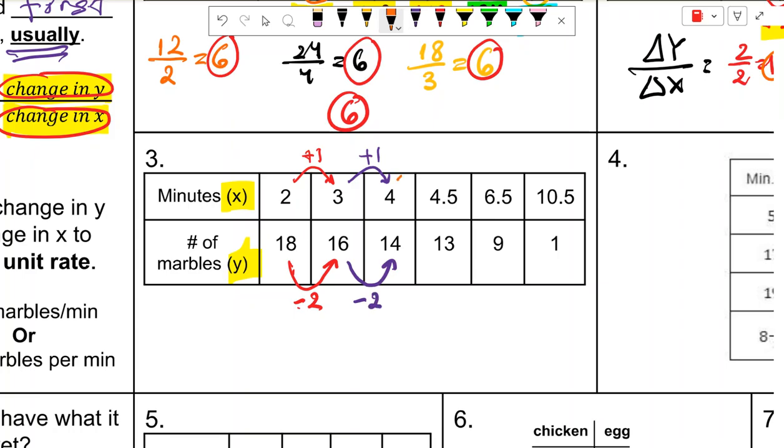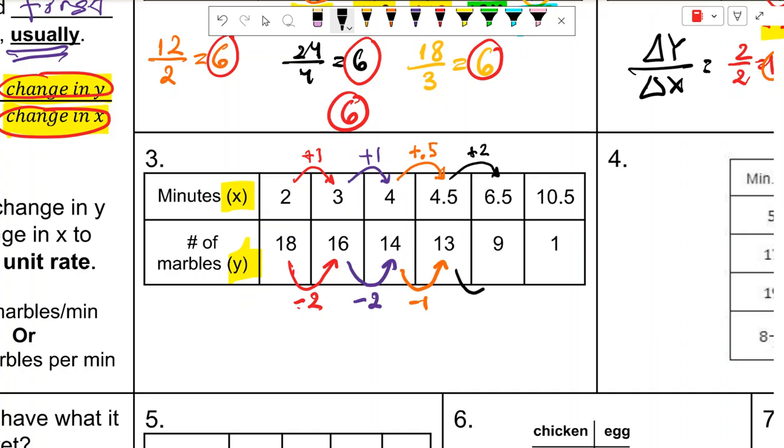The difference between 4 and 5/10 is positive 5/10, and the difference between 14 and 13 is negative 1. And then the difference between 4 and 5/10 to 6 and 5/10 is positive 2.